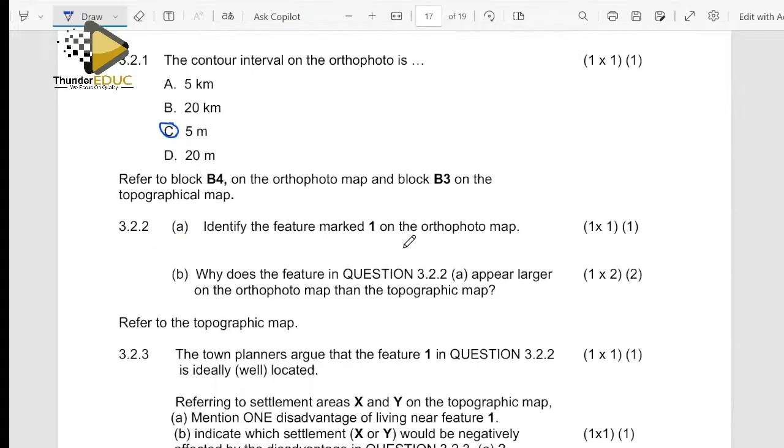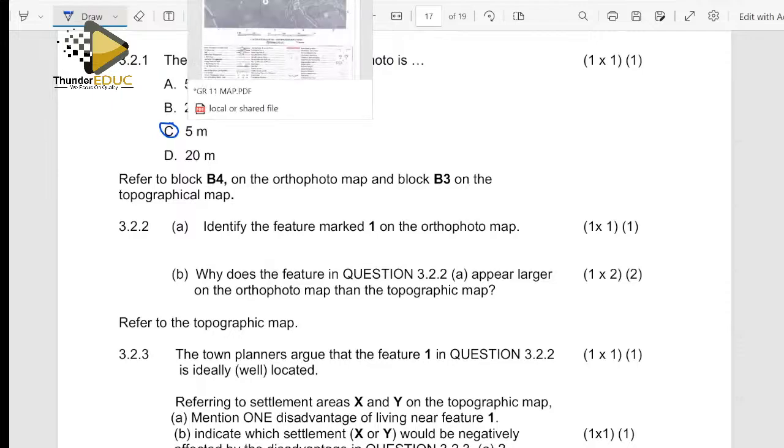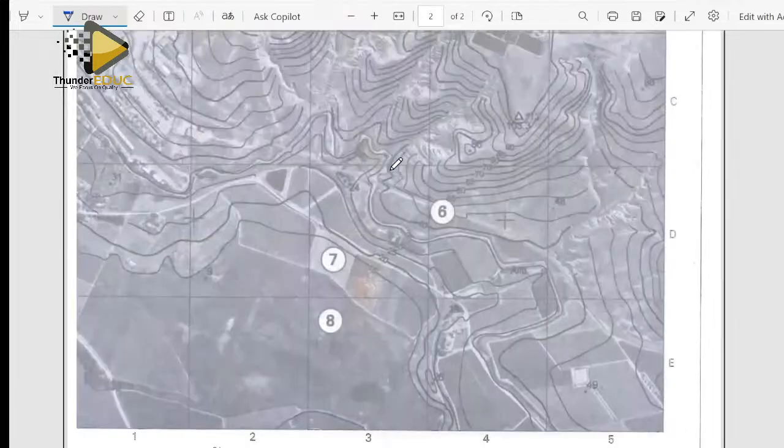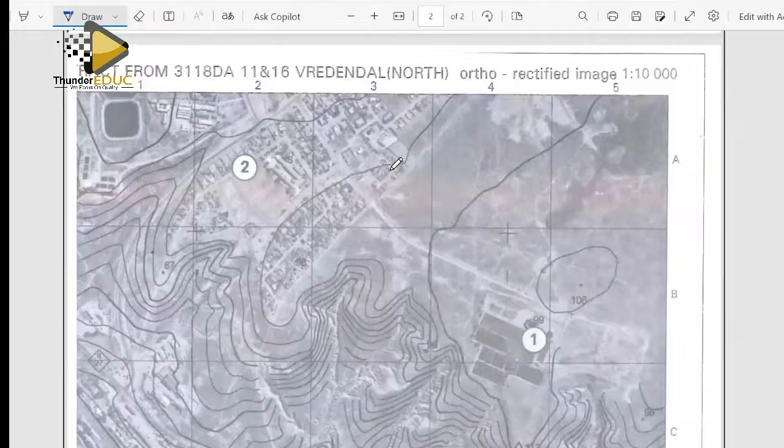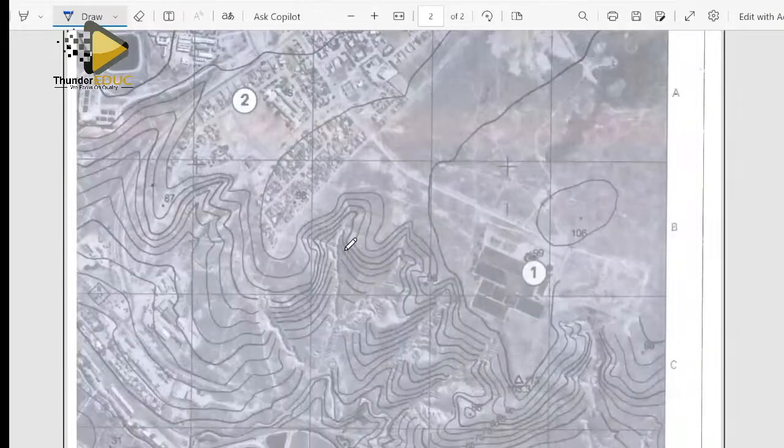Refer to block B4 in the orthophoto map and block B3 in the topographical map. So we want B4 and B3. Right, B4 in the orthophoto, we are seeing that block B, 1, 2, 3, 4 is this feature here.